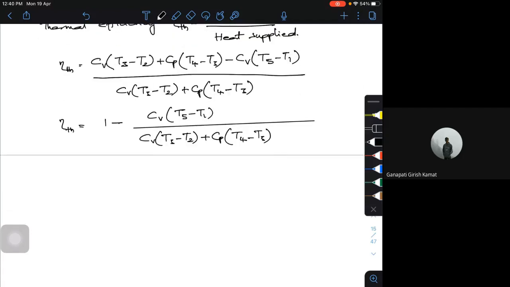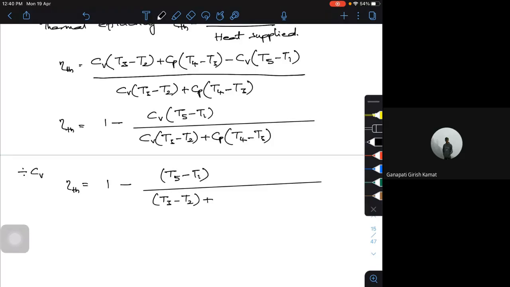Now I can divide throughout by Cv. If I divide throughout by Cv, I can write this expression as thermal efficiency is equal to 1 minus T5 minus T1 divided by, so Cv will go off, I'm left with only T3 minus T2 plus Cp by Cv, which I can write as gamma, into T4 minus T3.